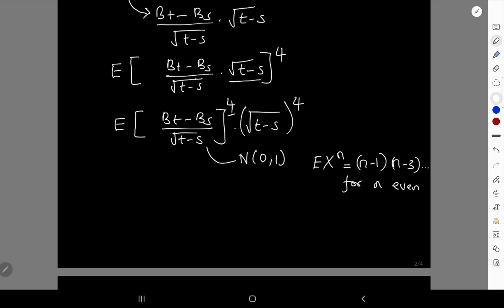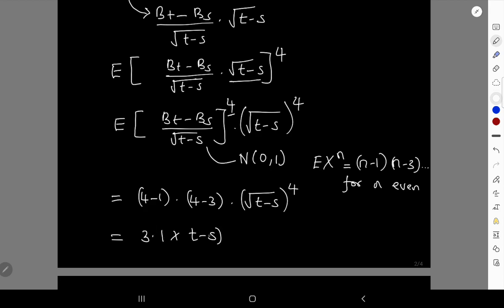So this raised to power 4, standard normal, will be (4 minus 1) multiplied by (4 minus 3) multiplied by (square root of T minus S) to power 4. And this will be 3 times 1 times (T minus S) squared, which is 3(T minus S) squared. Thank you. We meet on the next class.